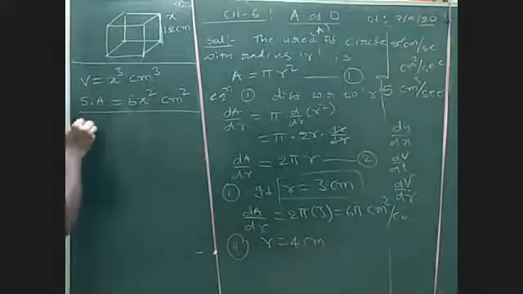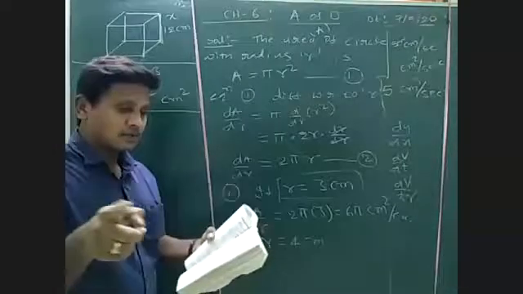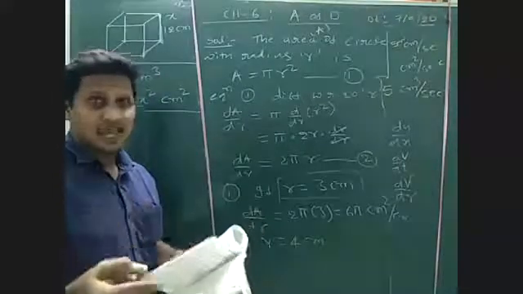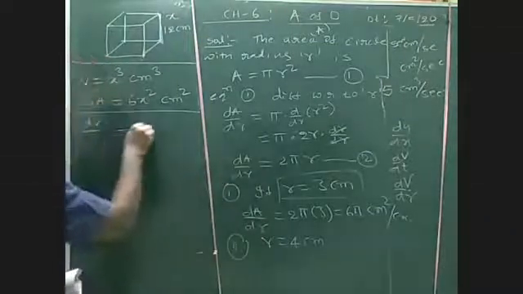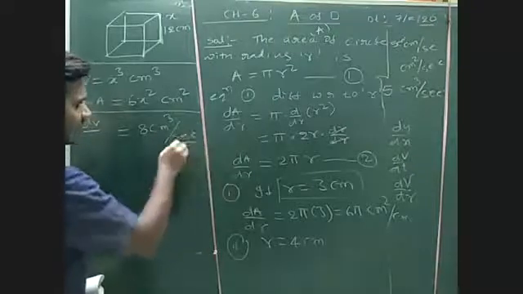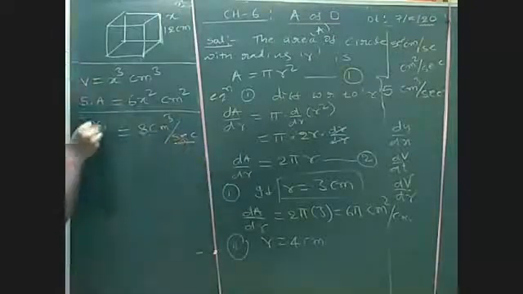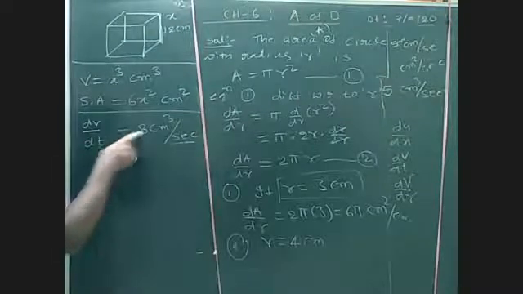Nothing but the rate of change of volume with respect to time. Because clearly they have given 8 centimeter cube by second. Second in the sense time. So dV by dt is 8 centimeter cube per second.